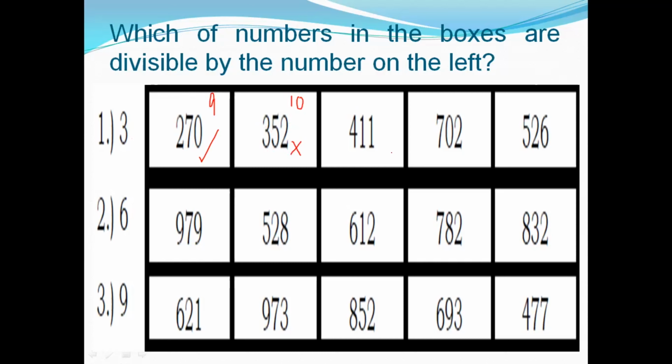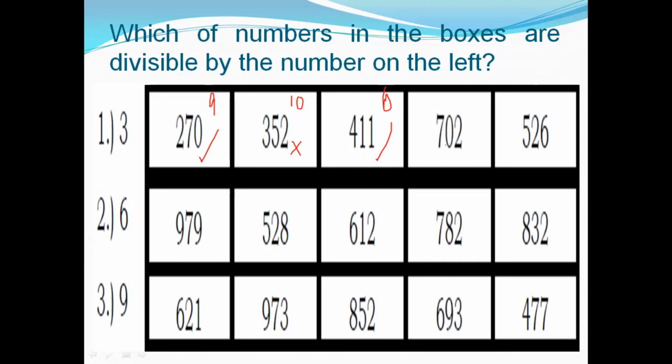Okay, another one. 411. So, 4 plus 1 is equal to 5, plus 1. We're going to get the sum of 6. So, 6 can be divided by 3. So, 411 is divisible by 3.